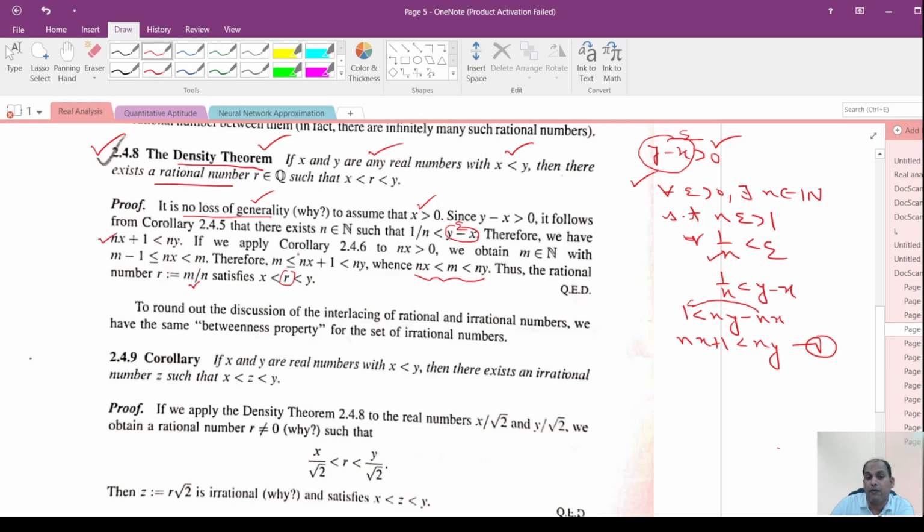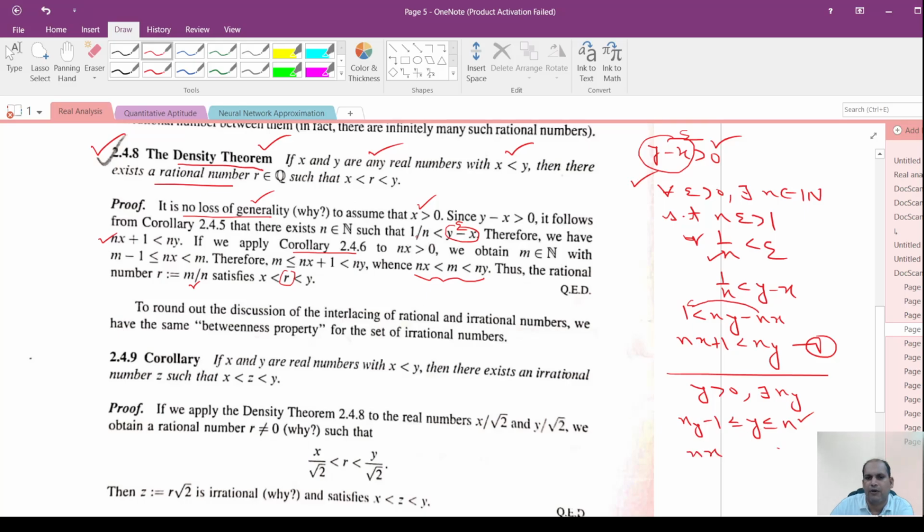Now use the previous corollary 2.4.6: whenever y is greater than 0 is given to us, there exists n_y, using the well ordering principle, such that n_y minus 1 is less than or equal to y is less than or equal to n_y. Use it for n x.